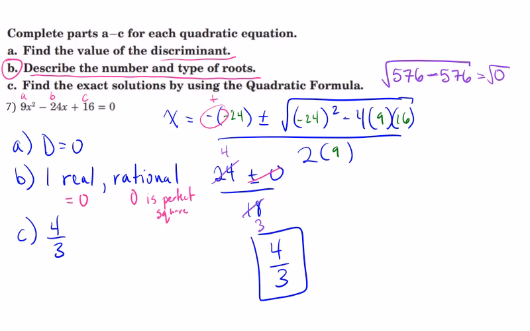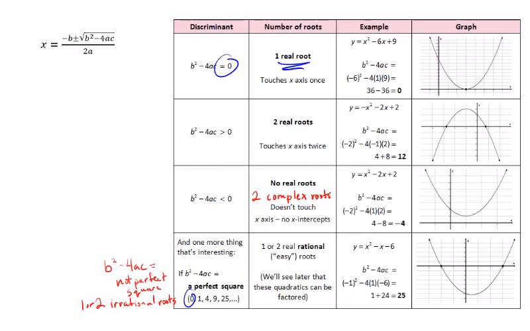You'll have a few of these on the assignment where you just do the normal thing, but once you find your discriminant, make sure that you list that for part A, and then use that to figure out what type of roots you're going to have, and then put your answers as normal. You're just going to use this table, or your memory, your notes, however you remember these things. This table will tell you how many roots you have and what kind of roots they are.